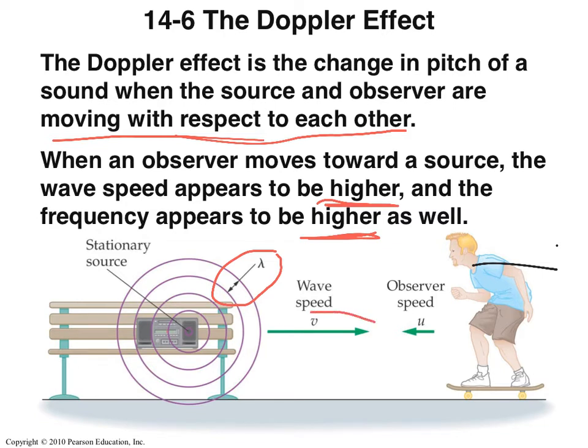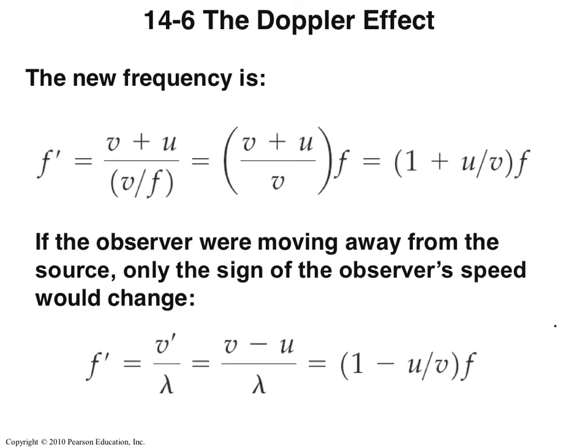The wave speed is how fast it's traveling. The observer speed, U, is how much that observer is moving. It's important to remember that we have to think in respect to the stationary source. So we're going to have some positives and negatives going on.